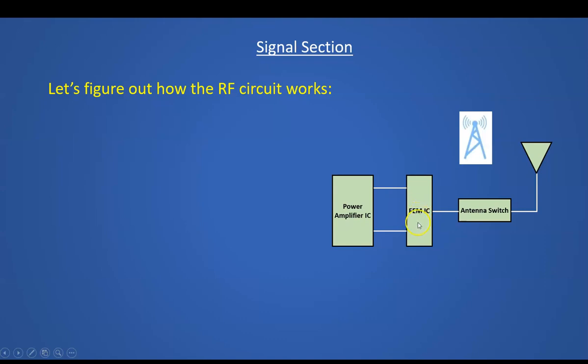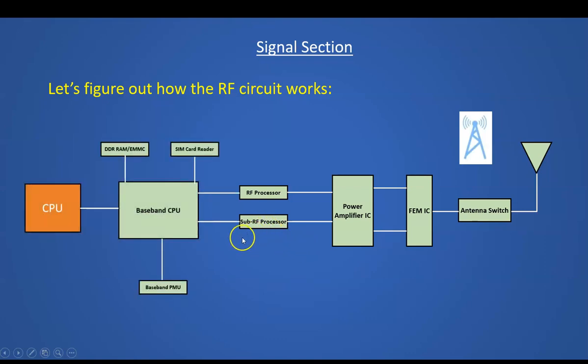FEM means front end module IC. Then that signal goes to our power amplifier IC. Then the signal goes to the RF processor, which sends a signal to the baseband CPU. Then the baseband CPU, after it decodes the signal, sends it to the CPU.